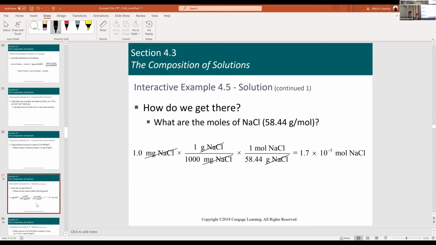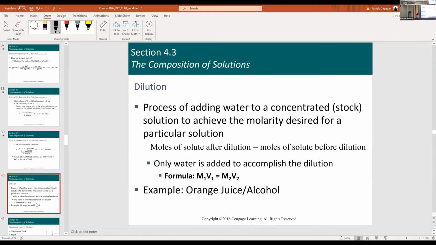Okay, so now, here we go. Example, orange juice and alcohol. I talked about those already. Wow, I was ahead of myself when I made this. But anyway, so dilutions. So there's a formula for dilutions, even though we did talk about them a little already. Now, when you dilute something, you originally have a higher concentration at a lower volume.